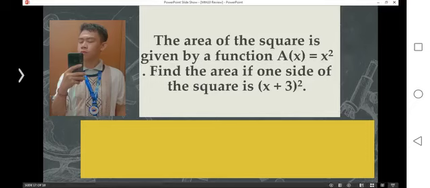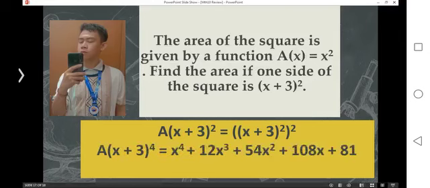So we square the side, then apply the law of exponents. So (x + 3)² squared is the same as (x + 3) to the fourth power. Then apply the FOIL method. Multiply x + 3 four times by itself to get x⁴ + 12x³ + 54x² + 108x + 81.